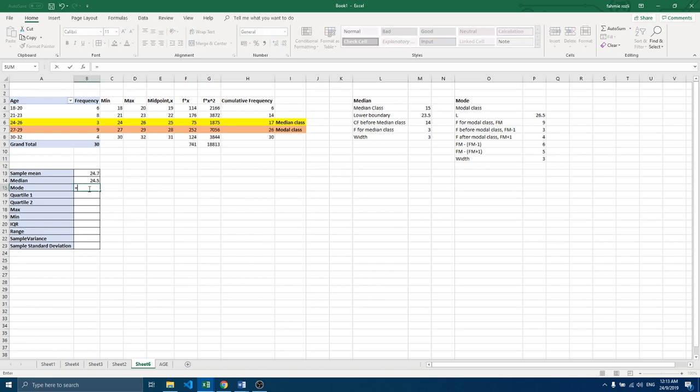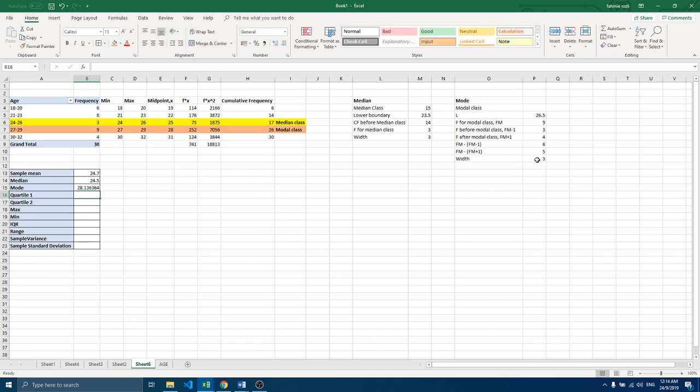So we do it again, equal to lower boundary plus 6 divided by 6 plus 5, 2 times close bracket, then multiply by 3.